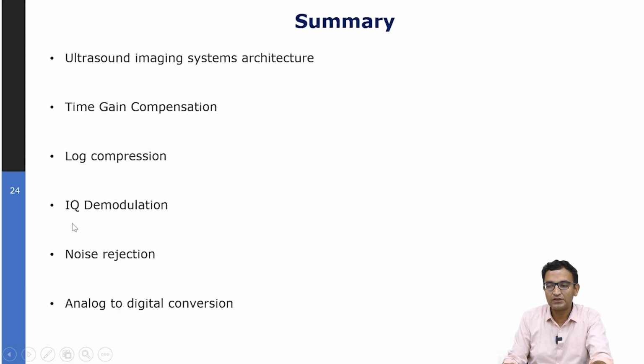We discussed the process of in-phase and quadrature demodulation. This is a technique borrowed from communications theory, which helps us to reduce the computational overhead and the data overhead involved in ultrasound imaging. We discussed techniques for noise rejection. We discussed analog to digital conversion and the final processing and display of the image.